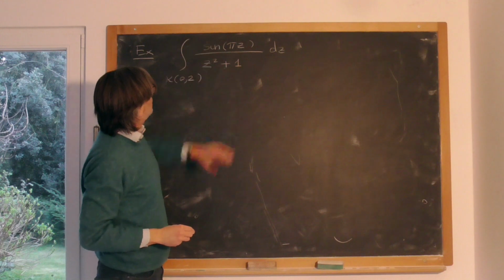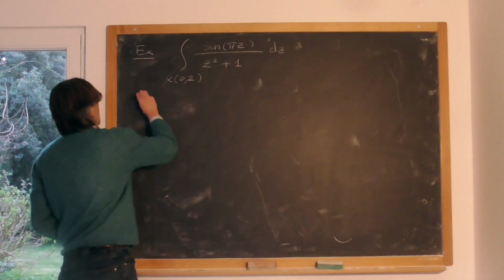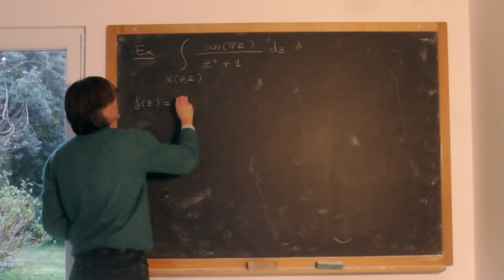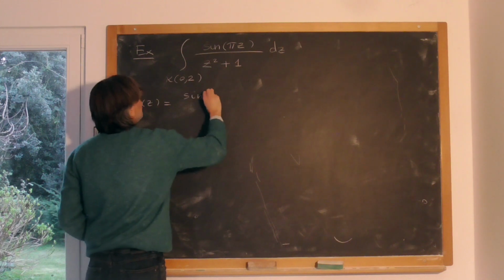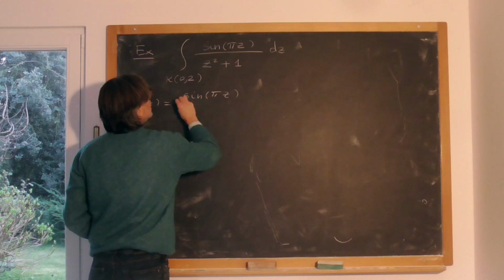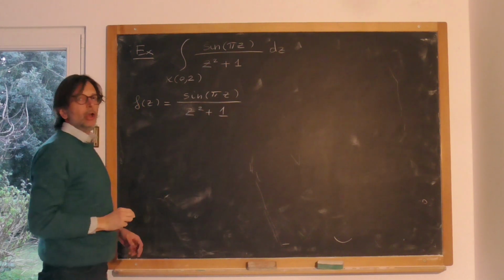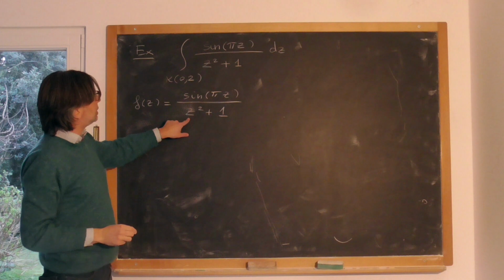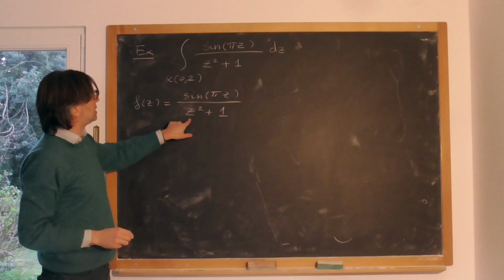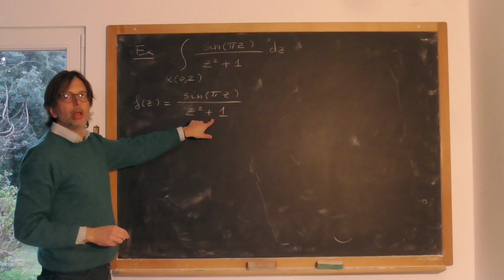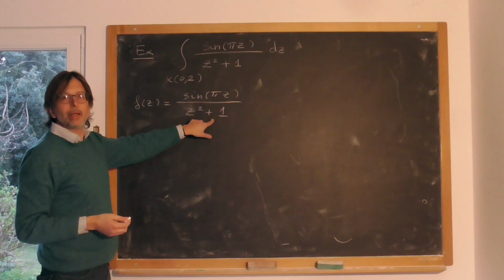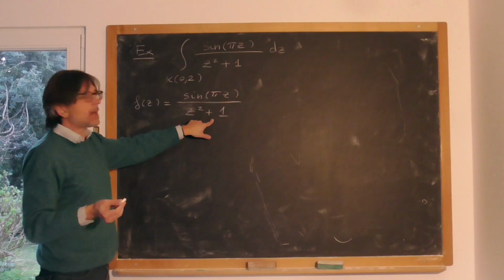So, what can we say about the function we want to integrate? f(z) equals sine of pi z divided by z squared plus 1. The zeros of this polynomial, z squared plus 1, are the square roots of minus 1, so they are i and minus i.